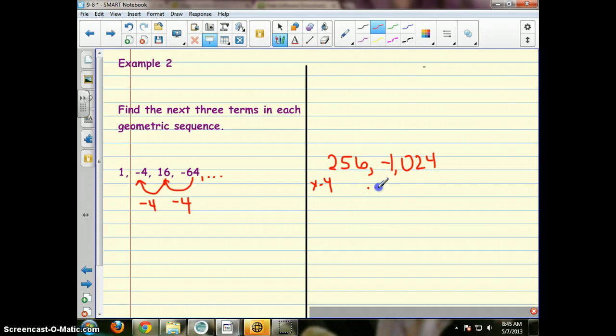Again, we're multiplying by -4. And again, if I multiply by -4, my next number would have to be positive 4096. So again, we're multiplying by -4 every single time.